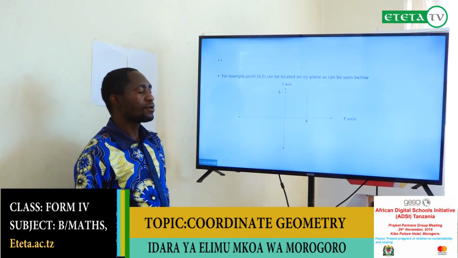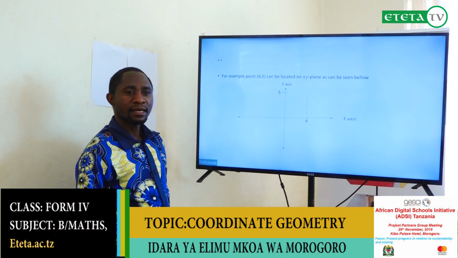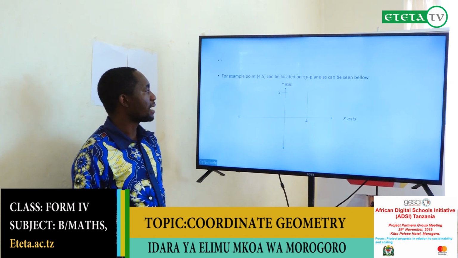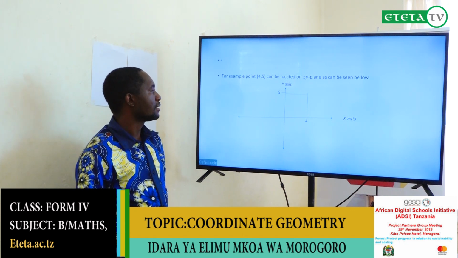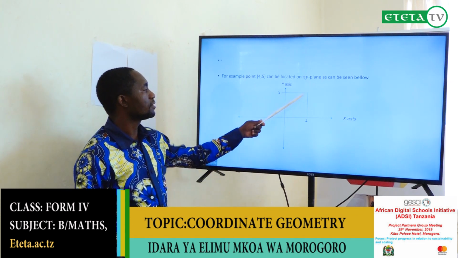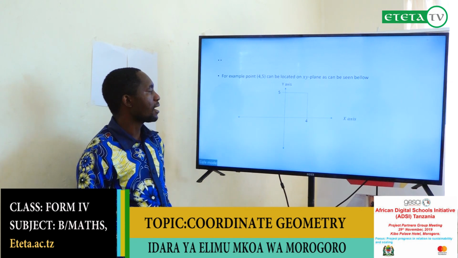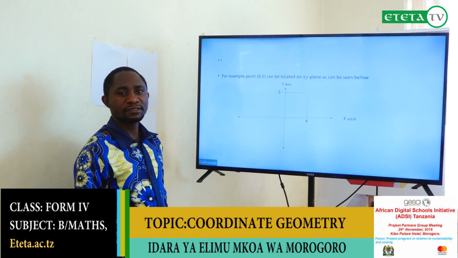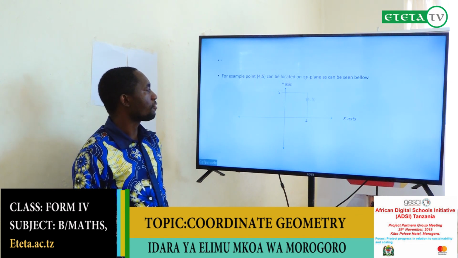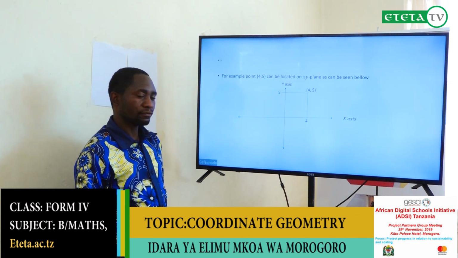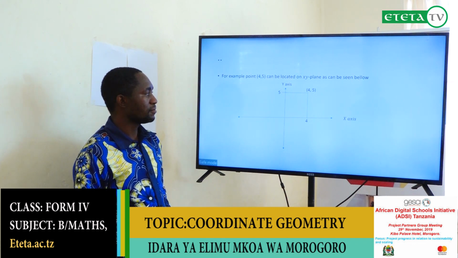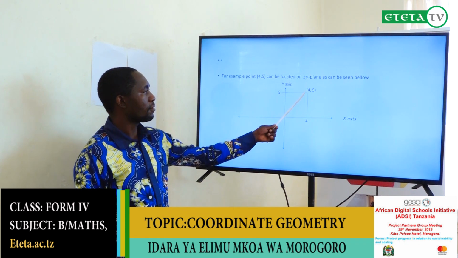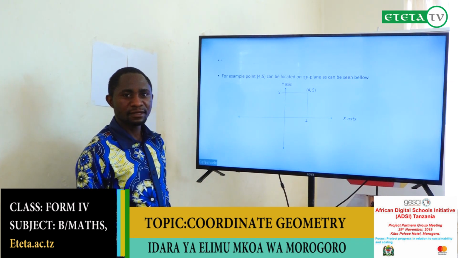Then draw another line through 5 parallel to the x-axis. Now the intersection point where the two lines meet is where we find our point (4, 5). Look, the point has been written by starting with the value of x, which is 4, ending with the value of y, which is 5.